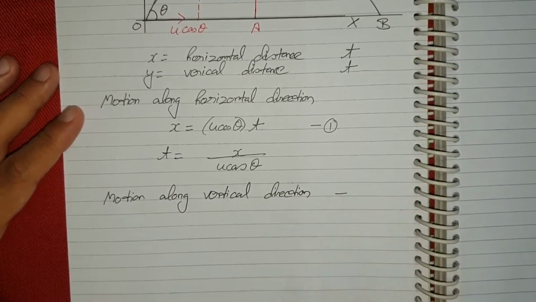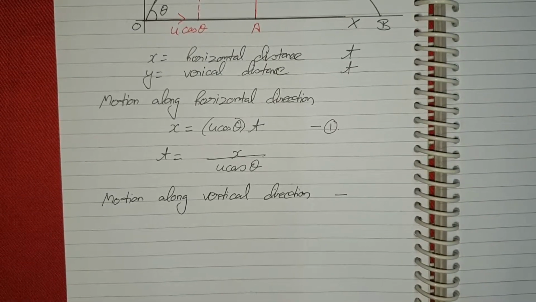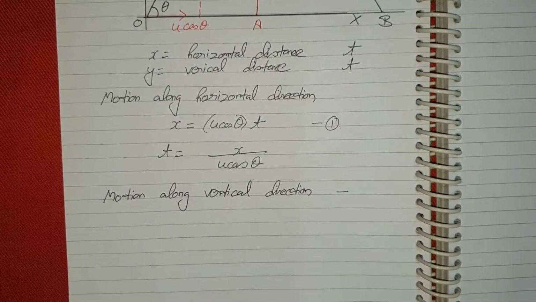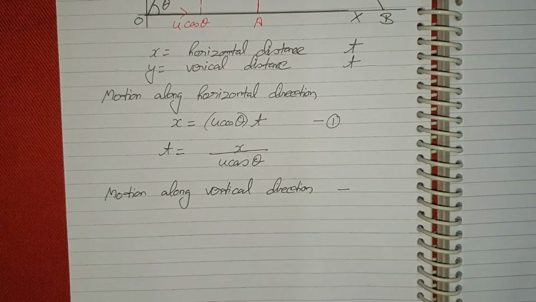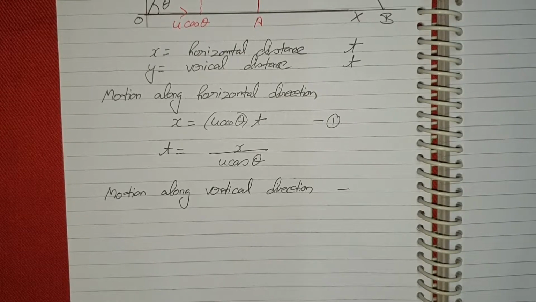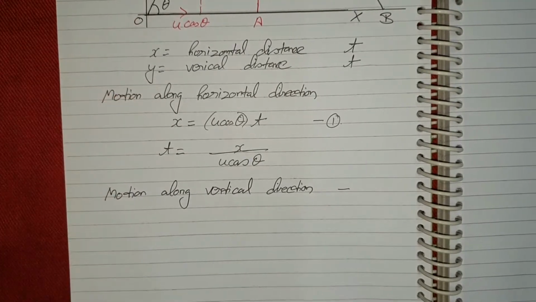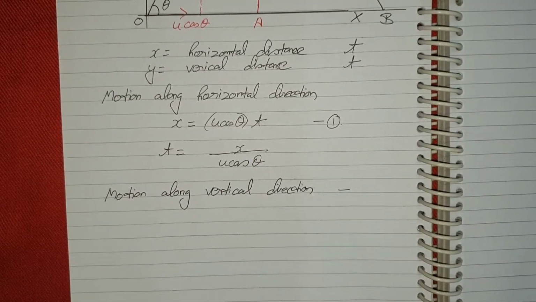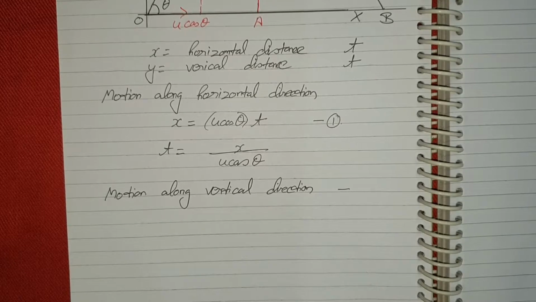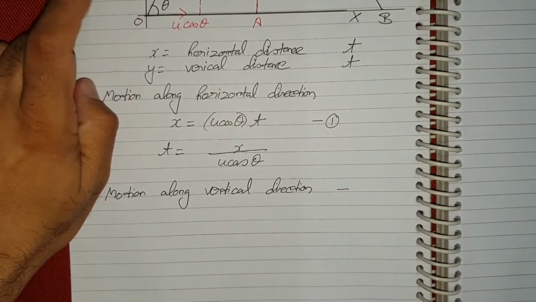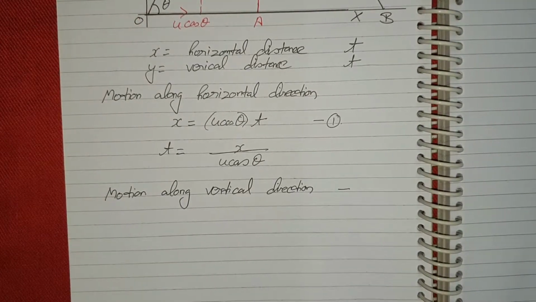In this case, in the vertical direction, there is g acting on it. g is acting vertically downward, while the object is initially going upward. So g will be negative for this motion, because the motion is initially in the upward direction.